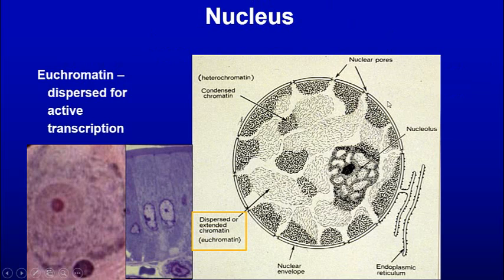Now, if we look at the nucleus, we can see the nuclear envelope. We can see some lighter areas and darker areas. And the dispersed, lighter areas are known as euchromatin. Euchromatin, we see that here in this nucleus. And then a lighter area we see there in this nucleus of this cell.